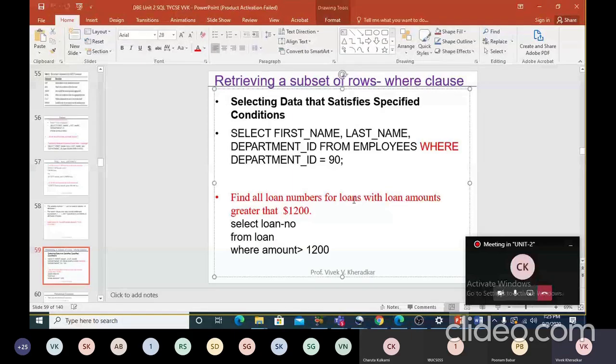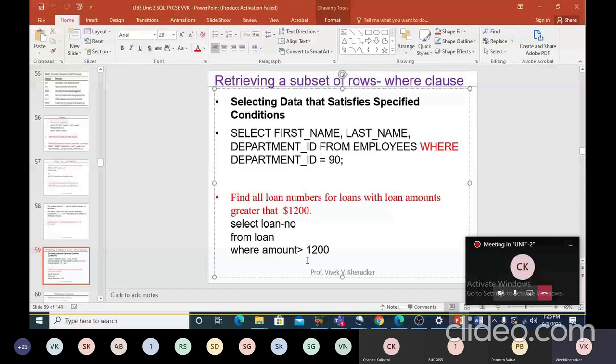Whenever you retrieve specific rows for which the loan amount is greater than 1200, obviously a where clause is required, with the condition amount greater than 1200, and this query wants the output as a loan number. That's why select is loan number. So what is the answer of this query? Select loan number from loan where amount greater than 1200.